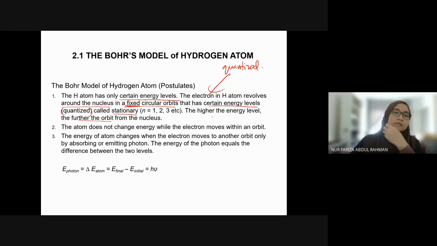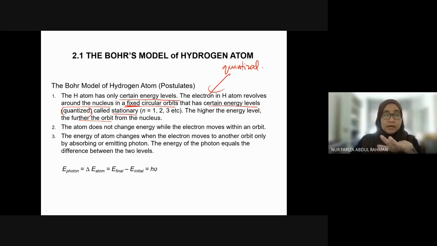And then number 2, the atom does not change energy while the electron moves within an orbit. So if the electron moves within an orbit, the atom will have fixed energy.